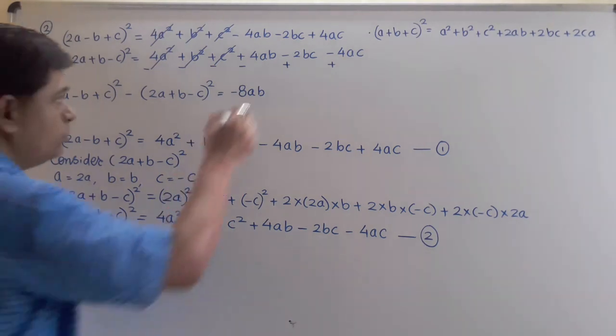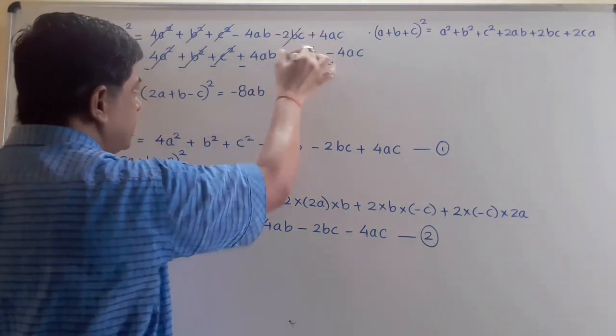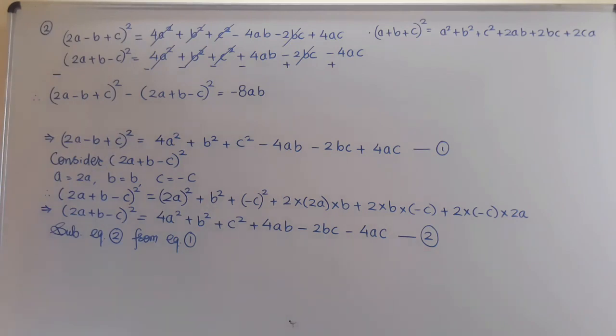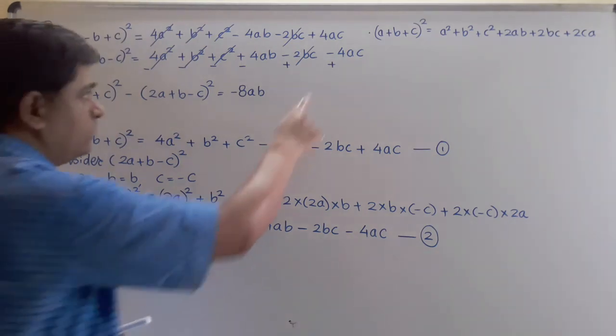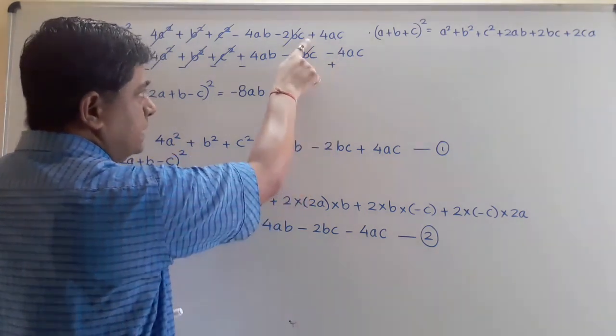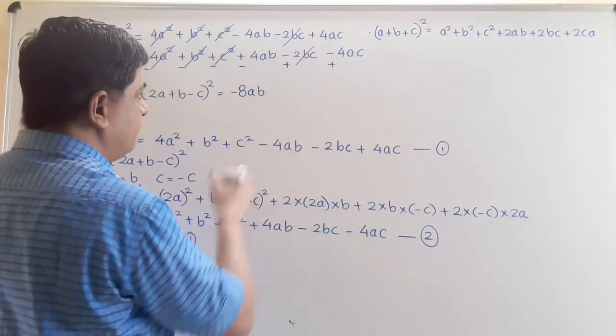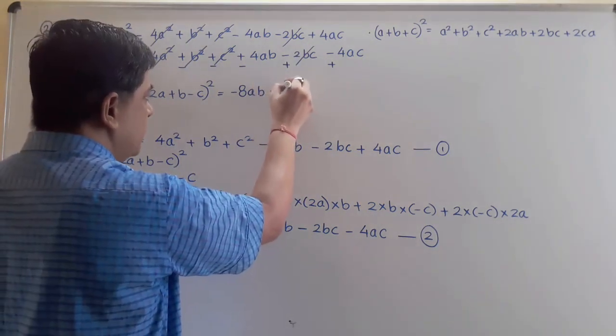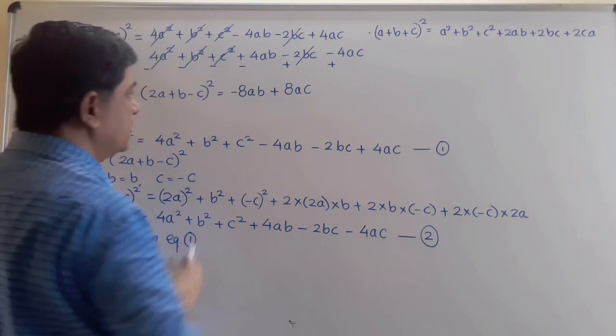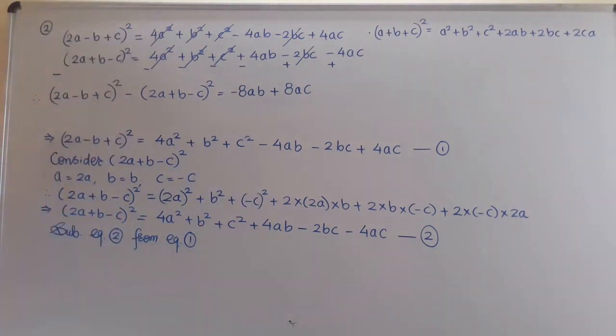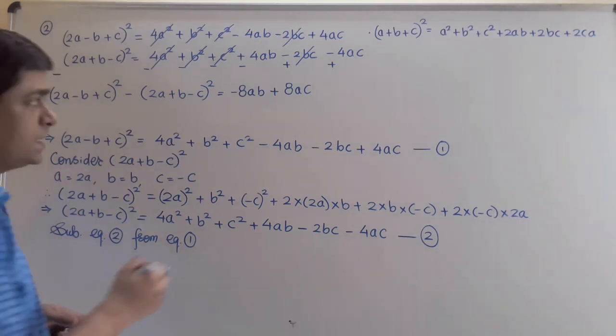Similarly, 2bc and 2bc will be cancelled because their signs are different. And 4ac and 4ac signs are positive, so that will become plus 8ac. We can take minus of 8a common, or simply take 8a common if you don't want to take the minus sign.